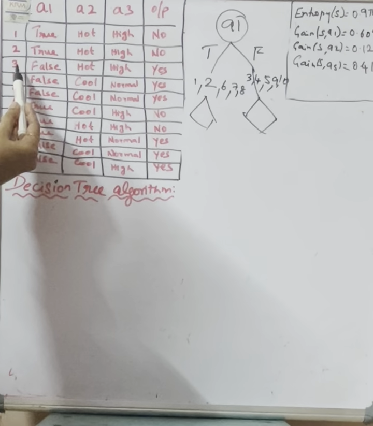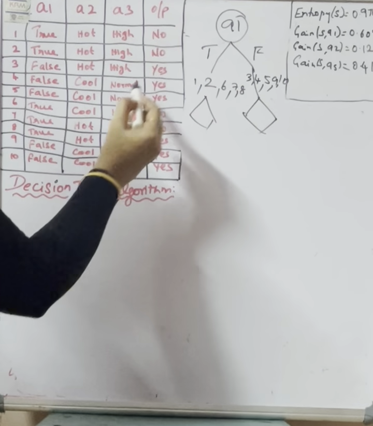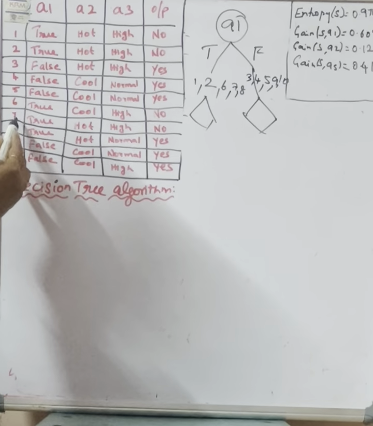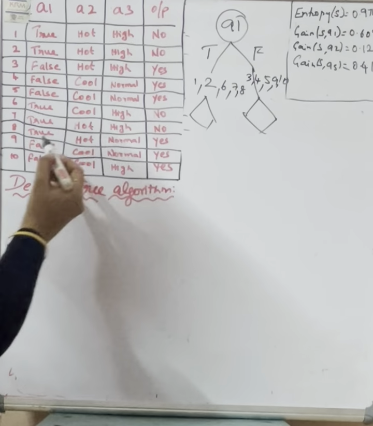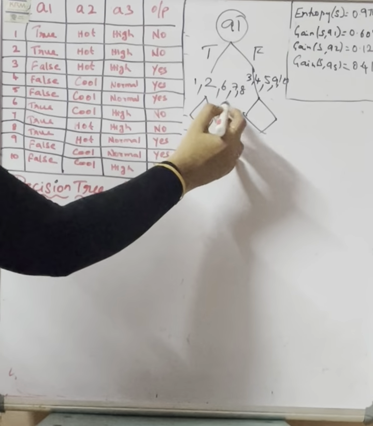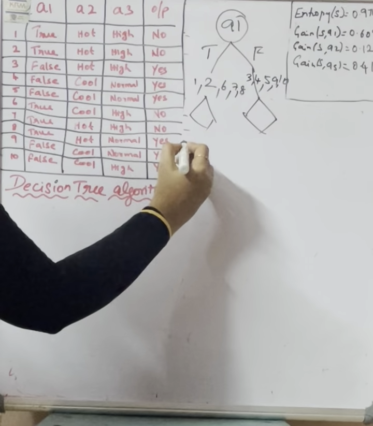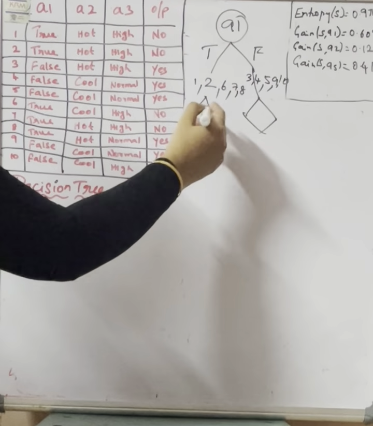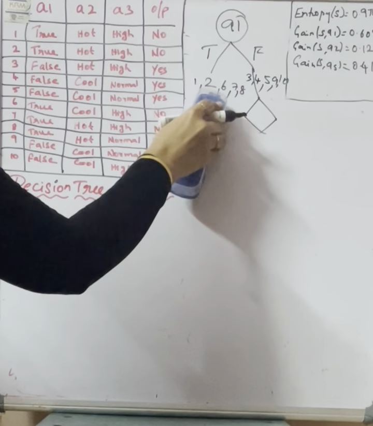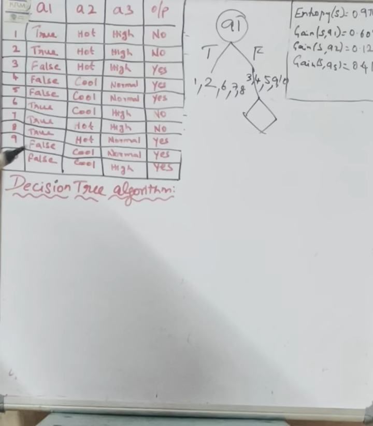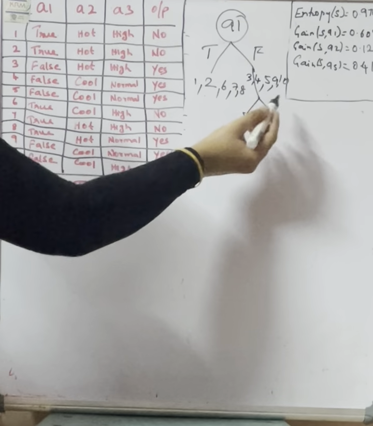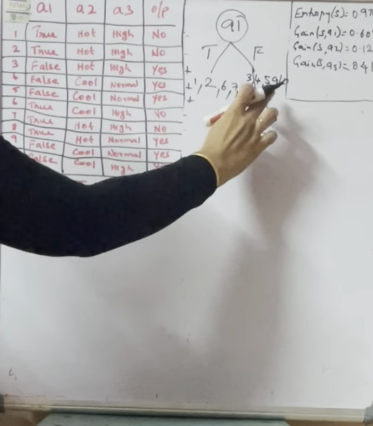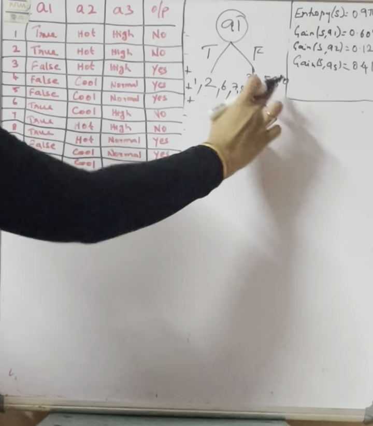Here, for the true values, 1 is yes, and 2, and 6th, and 7th, and 8 are all no. Finally, among these, 1 is yes and all others are no. So we cannot classify it here; we have to move to a further iteration and check which attribute should be placed in this node. Now for the false branch, 3 is yes, and 4 is yes, and 5 is yes, and the 9th sample is yes, and the 10th sample is yes.